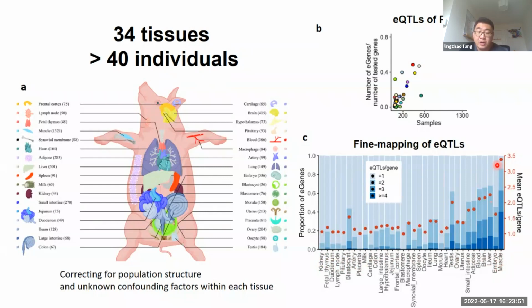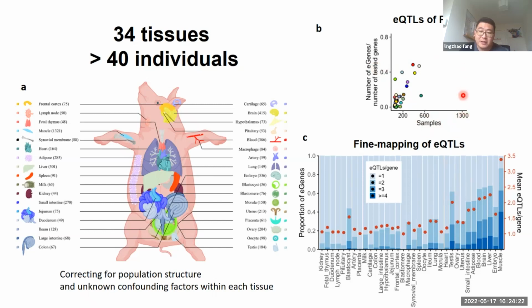The red dot is the mean number of independent eQTLs per gene. In general, a larger sample size gives more power to detect more independent eQTLs per gene. Another very important thing to know is that when you increase sample size, you may detect almost all genes as eGenes.